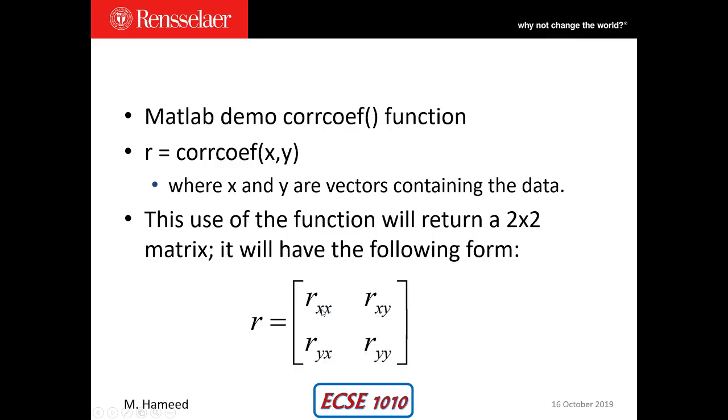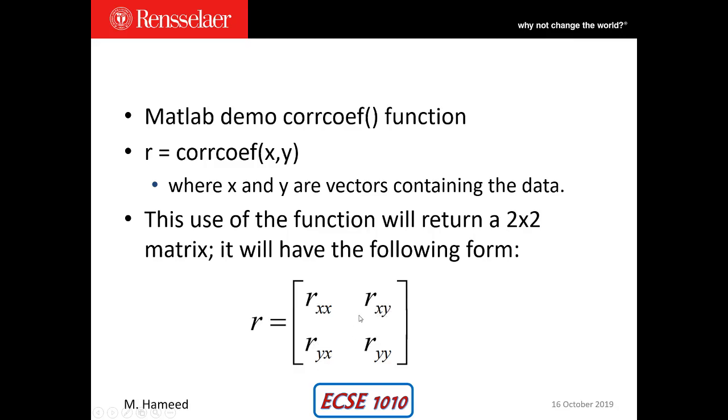It is very easy to guess over here that the correlation between x and x is going to be 100%, so it's going to be a 1. And y with itself is going to be very correlated, so this element is also going to be 1. But the off-diagonal elements are going to give us the actual correlation coefficient between x and y. They are both going to be the same, but these are the values we are interested in, x with y or y with x.